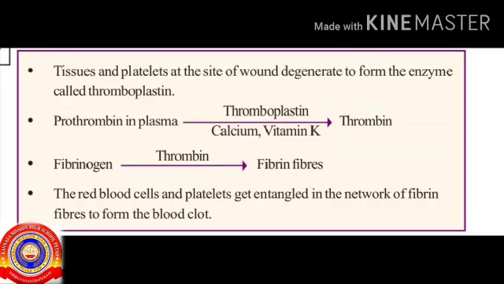This thrombin converts soluble fibrinogen molecules into insoluble fibrin. These fibrin filaments form a network over the wound and trap blood corpuscles and platelets to form a blood clot.